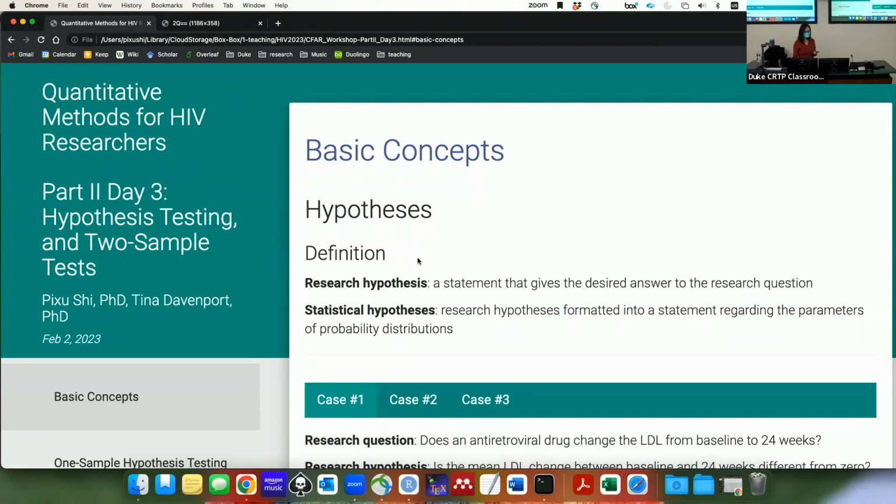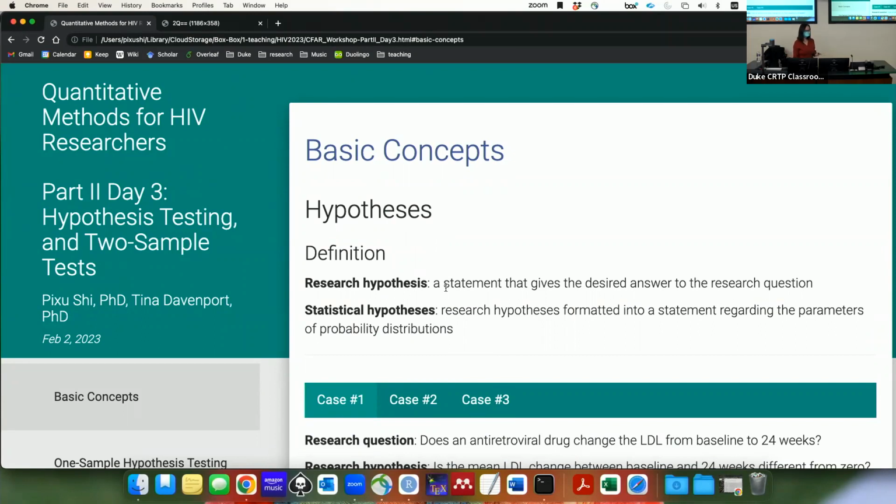So what are hypotheses? For statisticians and for scientists in biological or medical field, hypothesis may have very different meanings. Many of you may use hypothesis to refer to a statement that gives a desired answer to your research question.